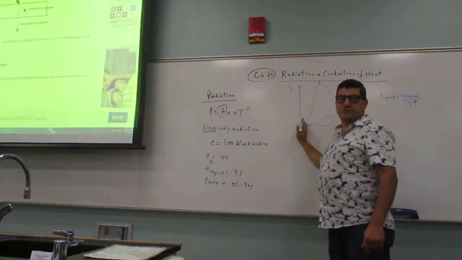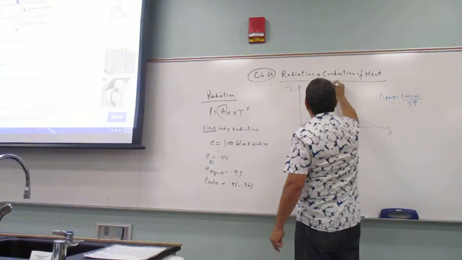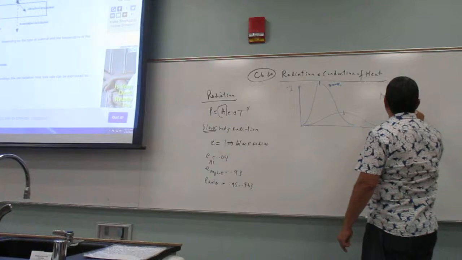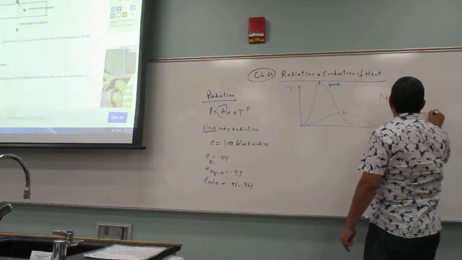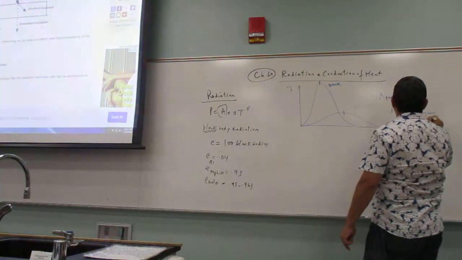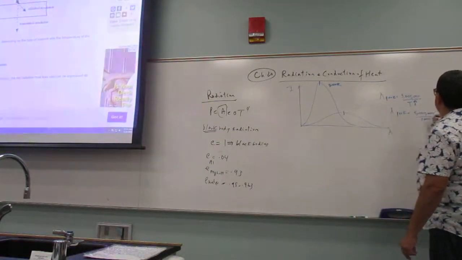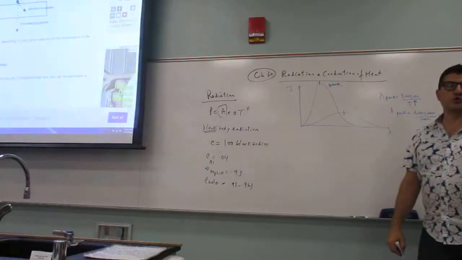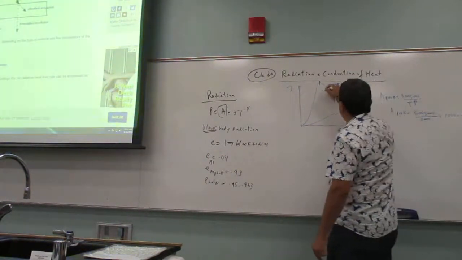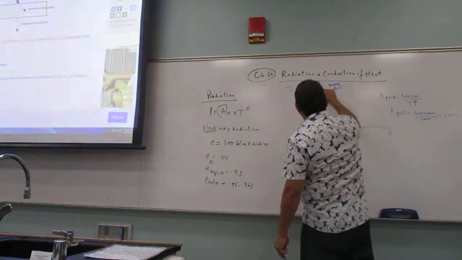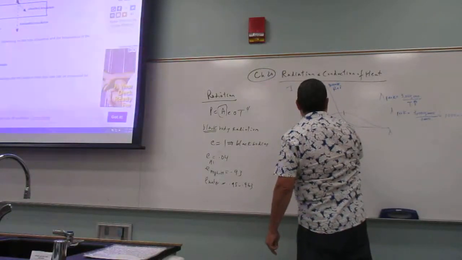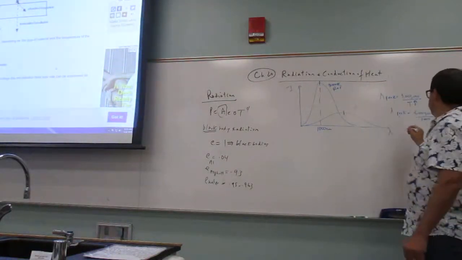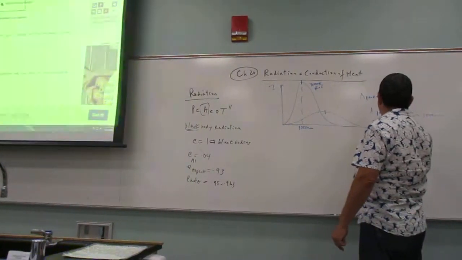So when the object gets to be about 3,000 Kelvin, the peak wavelength is what? 3 million over 3,000 is 1,000 nanometers. So the object begins to glow red. So this is a red-looking star. But objects at room temperature are going to radiate what?